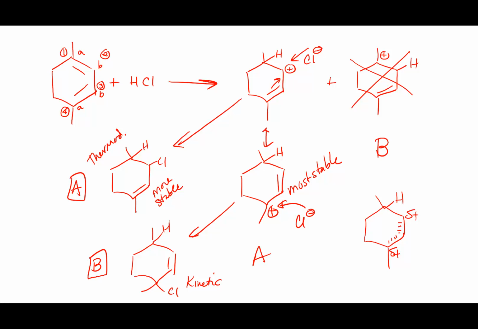But I can very easily switch that by coming up with a new problem. It doesn't take a lot of creativity. What would be the kinetic and thermodynamic products of this reaction?